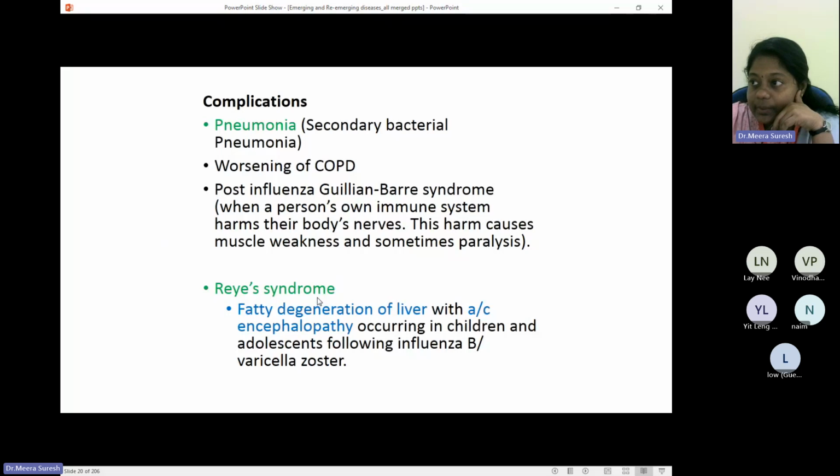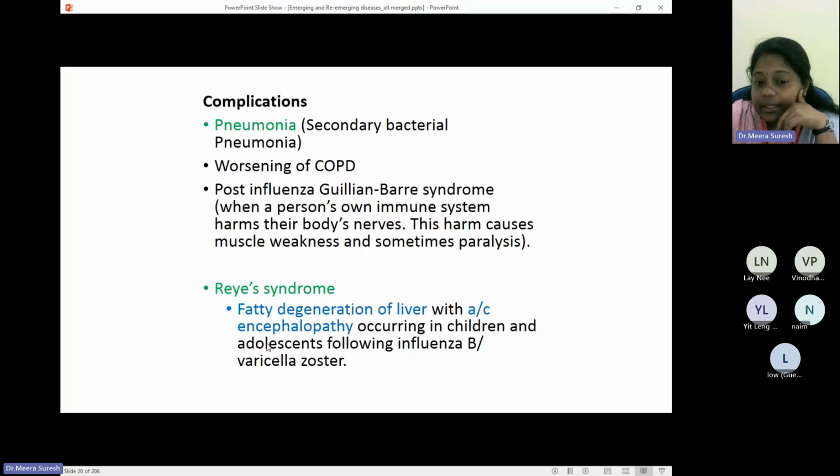Whenever you learn a disease with syndrome, it means two or more organs will be involved, and they will be producing symptoms according to the site that is affected. When they come together, we call it a syndrome.